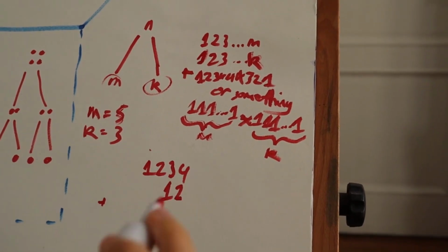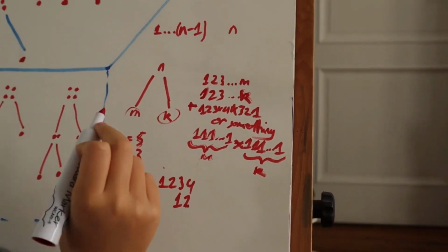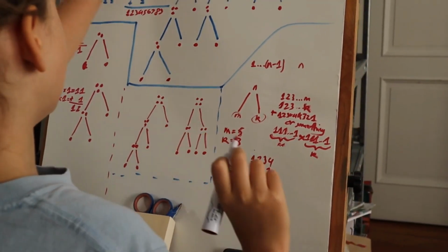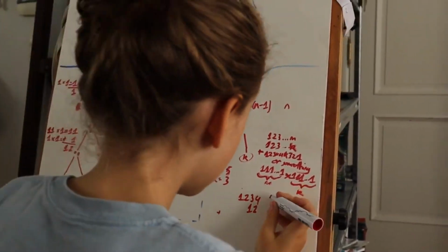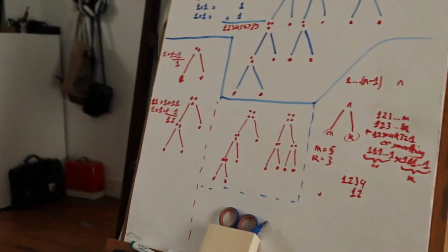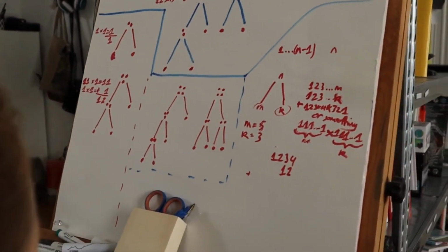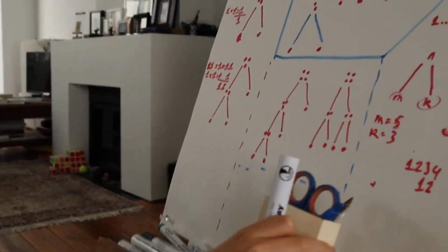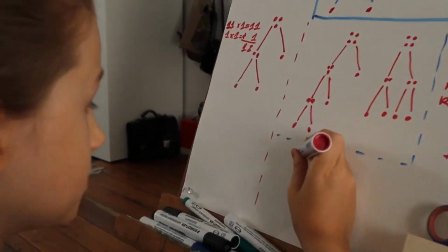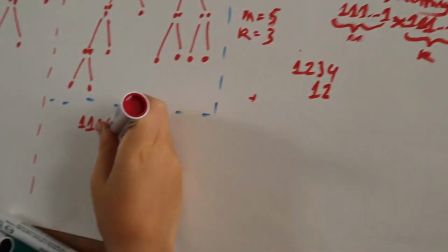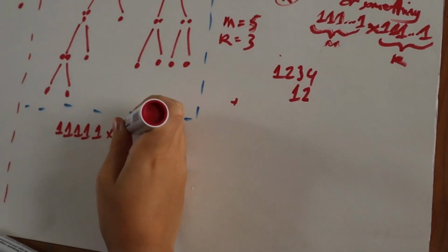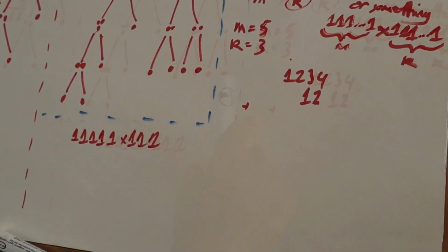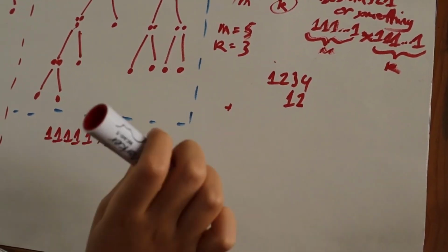Now, here's the trick that I used for multiplying these sorts of numbers in my head. Let's say that we want to multiply 5 ones by 3 ones: 1, 1, 1, 1, 1 times 1, 1, 1.